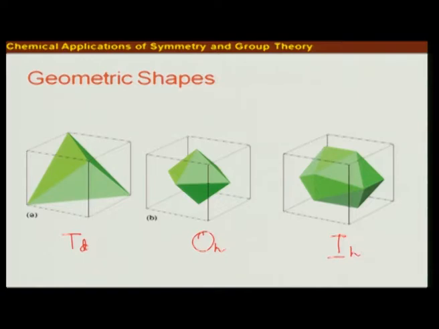If you could rotate this molecule and see from different perspectives, you would see that it has multiple axes of symmetry for sure, and then you will have this C5 axis. So it will belong to the icosahedron point group, Ih point group.